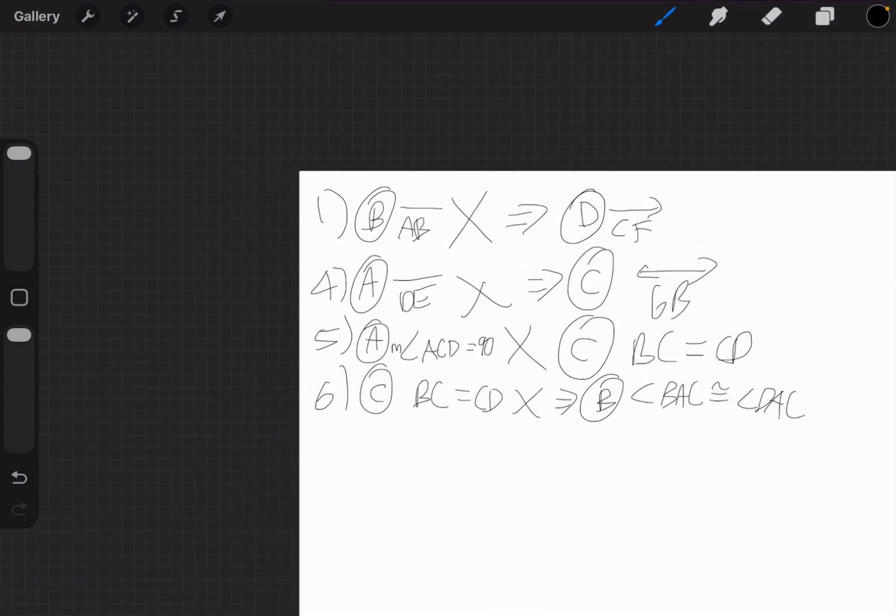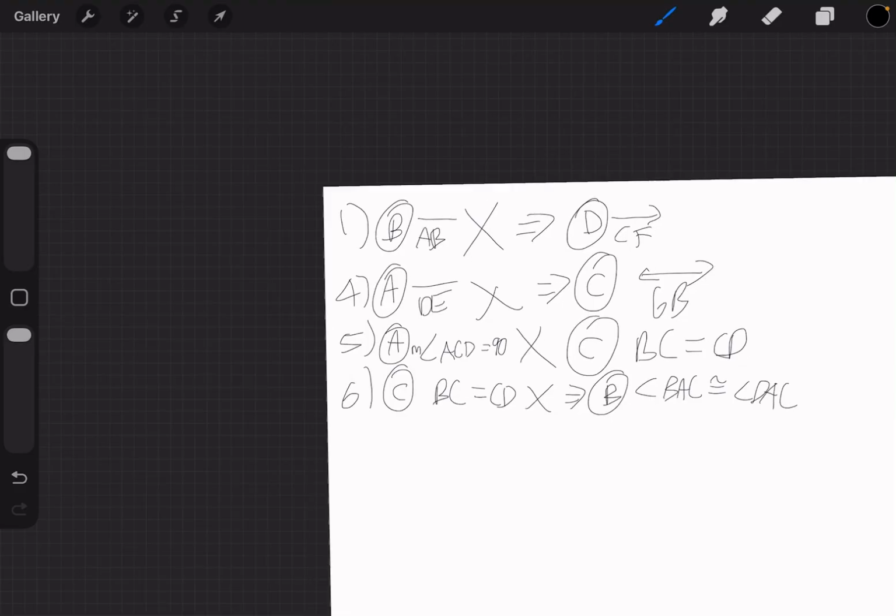The reason for this is because an angle bisector splits the angle into two equal angles. I got it wrong because it doesn't mean it's the same, it means it equals the same, like the measures and stuff. So yeah.